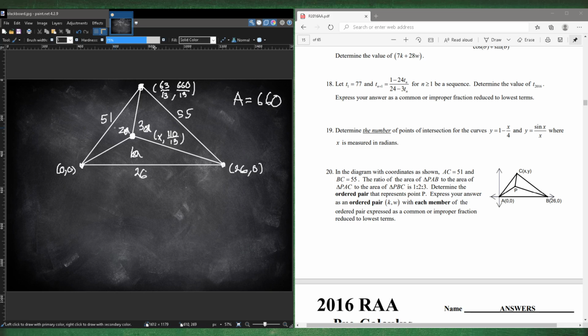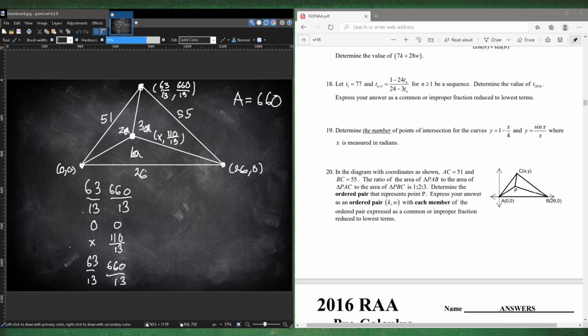So we have base. I mean, we could just use something like the shoelace theorem, which is pretty simple. You could just use the right point and then go straight around. So then we have 63 over 13, 660 over 13. And the next point is 0, 0. And the next one is x, 110 over 13. And then you go back to the first point, which is 63 over 13, 660 over 13.